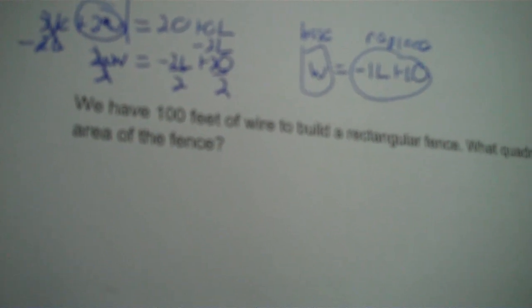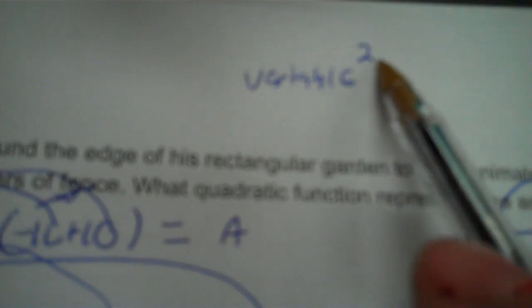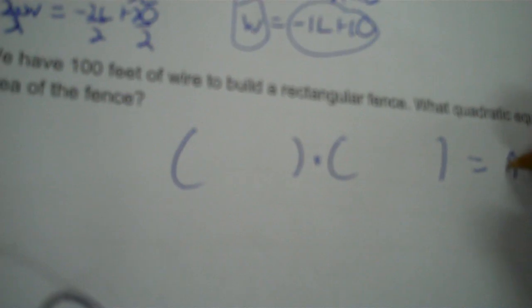We have 100 feet of wire to build a rectangular fence. What quadratic equation represents the area of the fence? Now I'm going to jump, remember, variable to the second. Well, there's my variable to the second. So set in your parentheses equals area, and then length, width. I'm going to go down here and draw my rectangle.